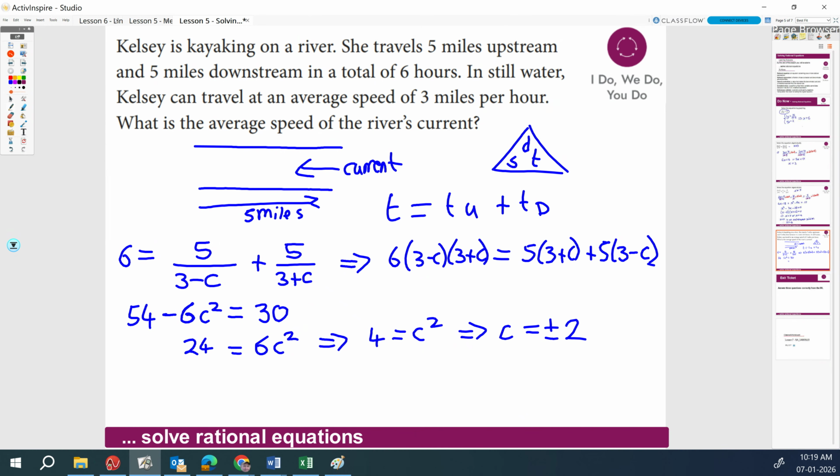The current has to flow downstream, not upstream. Because this speed is more of a velocity, it's a vector direction. So it's moving downstream in this direction being positive and upstream being negative. That's not possible, so this is equal to 2 miles per hour.